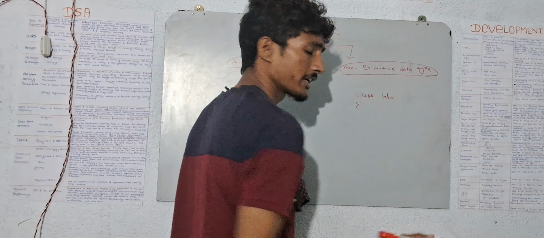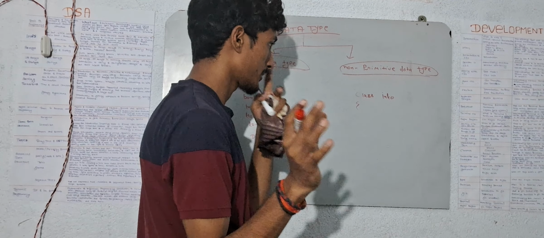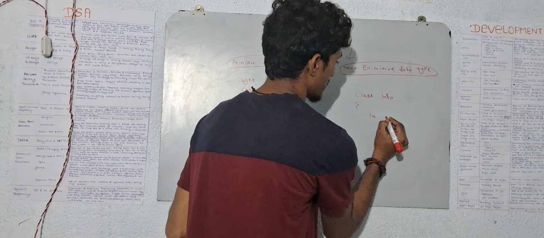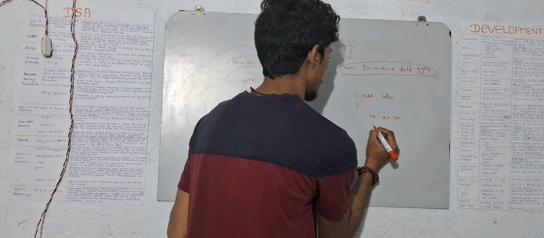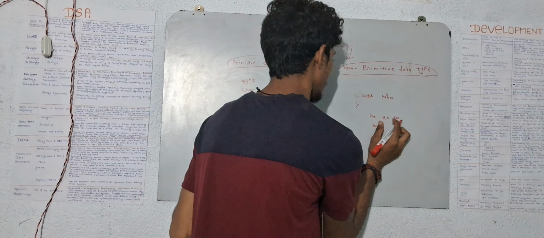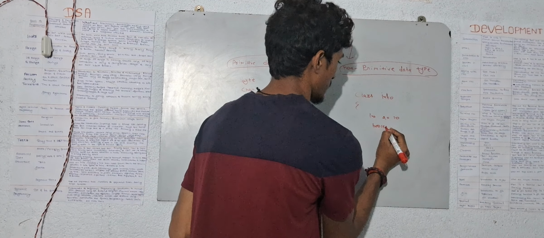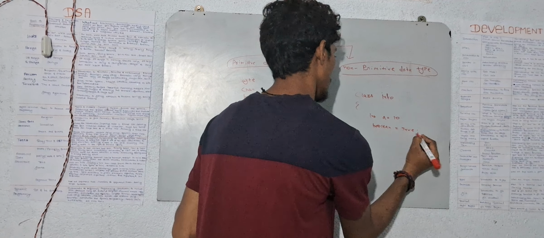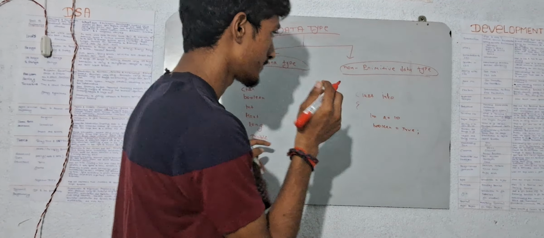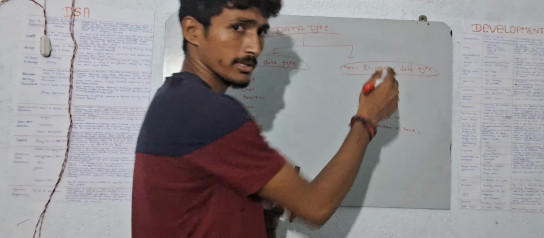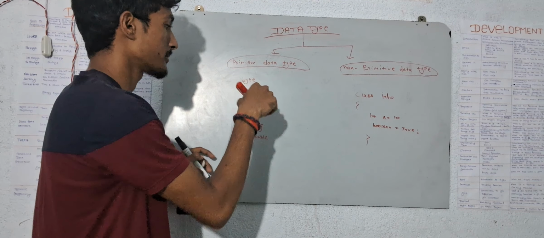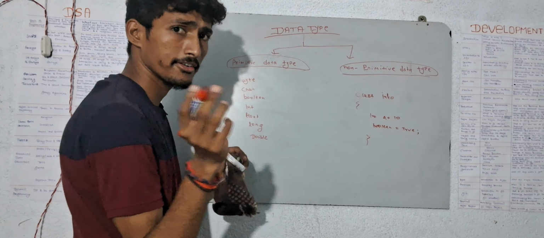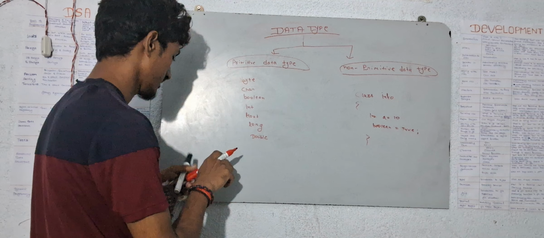In this class we will define lots of different types of data types, like integer a is equal to 10, boolean is equal to true, and so many more. Primitive types are not customizable and non-primitive types are customizable, and these are basically divided on the basis of their size.